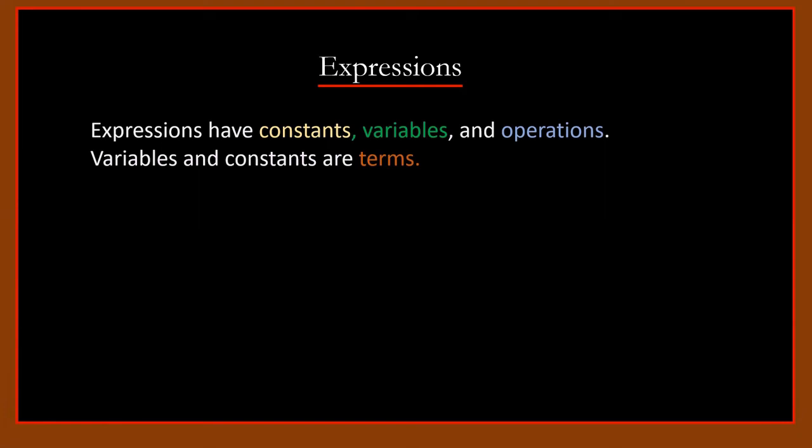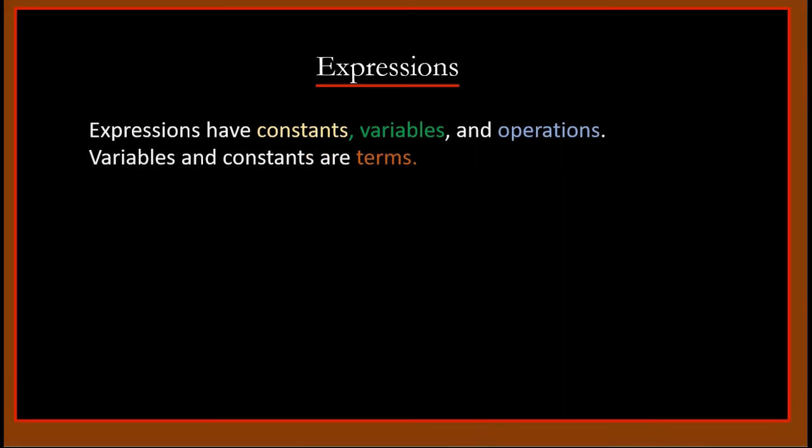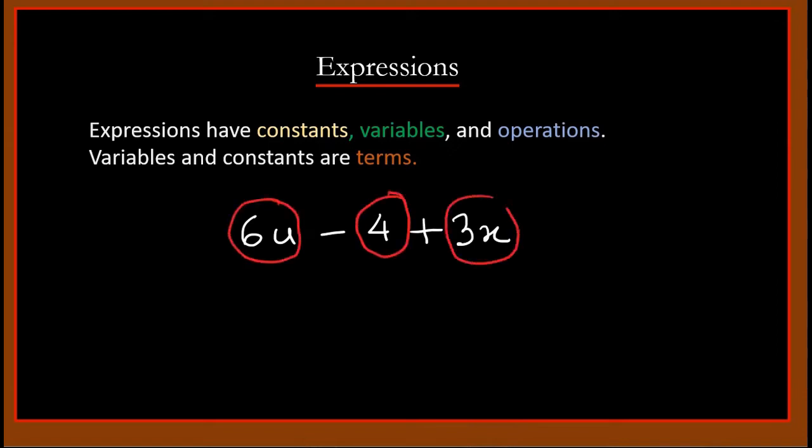Expressions consist of three elements: constants, variables, and operations. Each variable or constant separated by an operation is called a term. In the expression 6u minus 4 plus 3x, there are three terms: 6u, 4, and 3x. All expressions evaluate to a single value or reduce to a simple form.